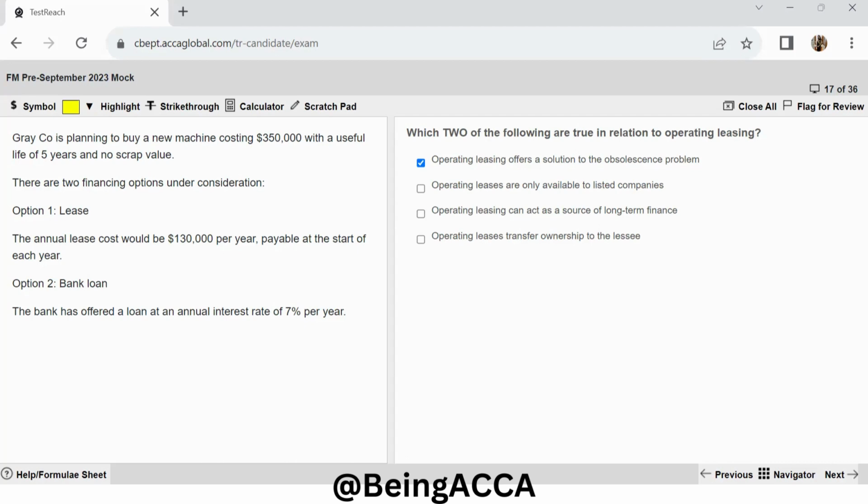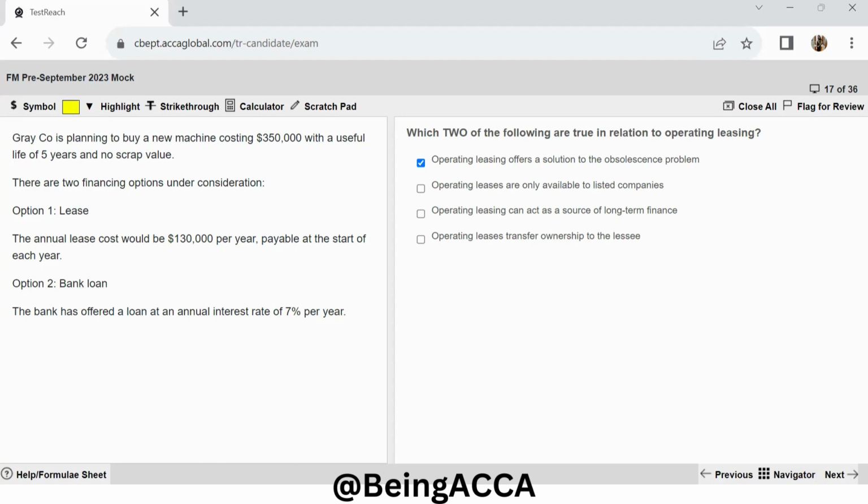Now moving to the second option that we have, operating leases are only available to listed companies. Absolutely not. Anyone with a good source of finance can go for operating leases.